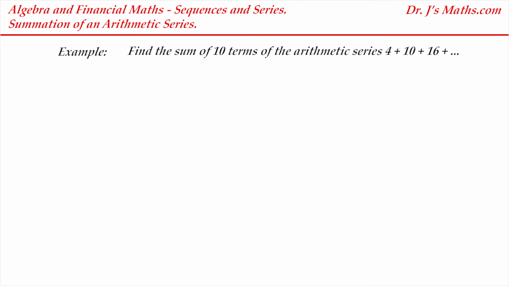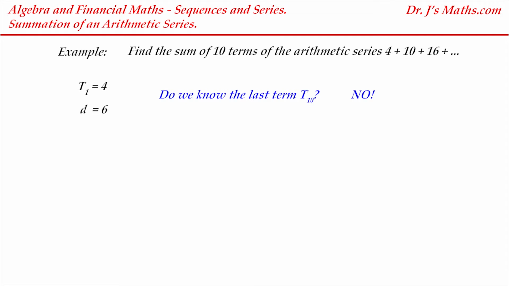Second example, find the sum of 10 terms of the arithmetic series, 4 plus 10 plus 16, etc. Now we write down T1 is equal to 4, the first term, D is equal to 6 because it's 10 minus 4. Ask yourself the basic question, do we know the last term, T10? No, we don't.